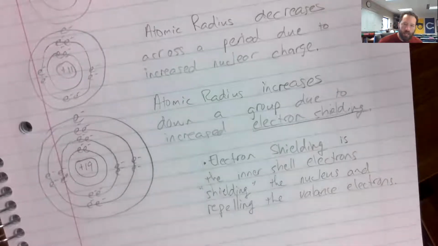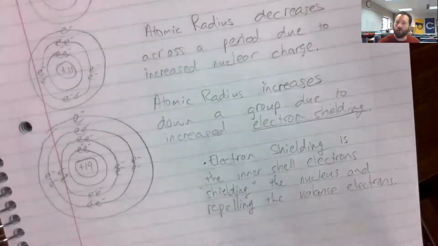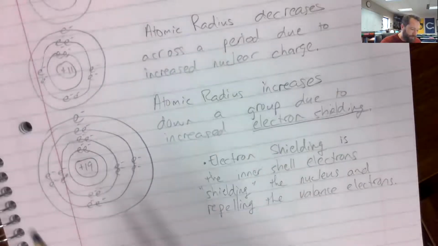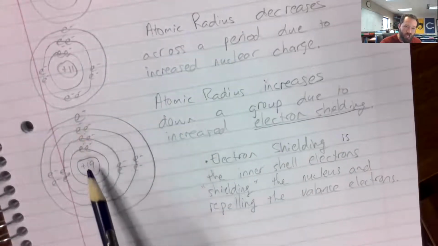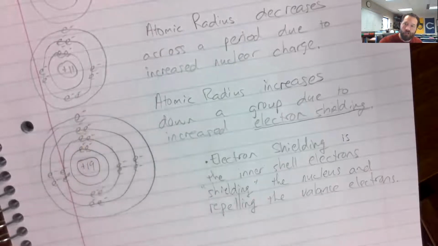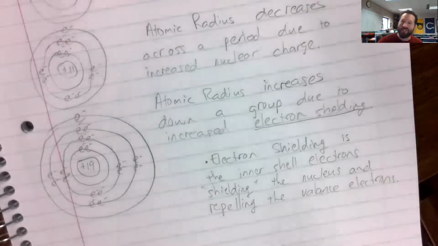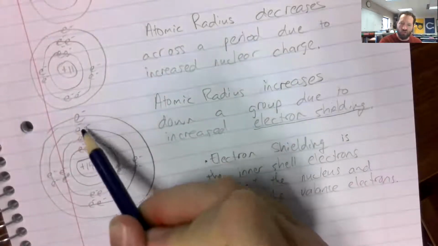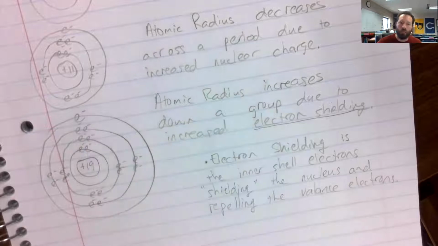So our phrase of the day yesterday was that opposites attract. The negative charge and the positive charge, those are attracted. The phrase of the day today is that like charges repel. This negatively charged electron and these negatively charged electrons don't want to be anywhere near each other.